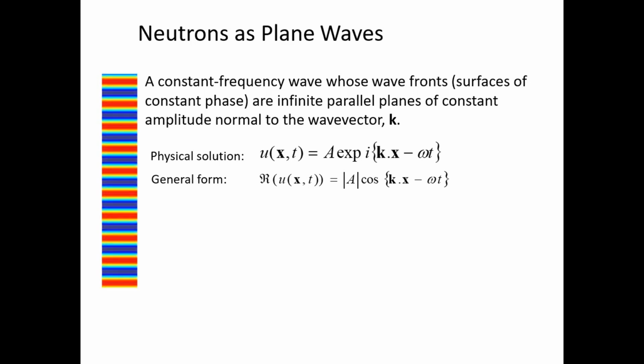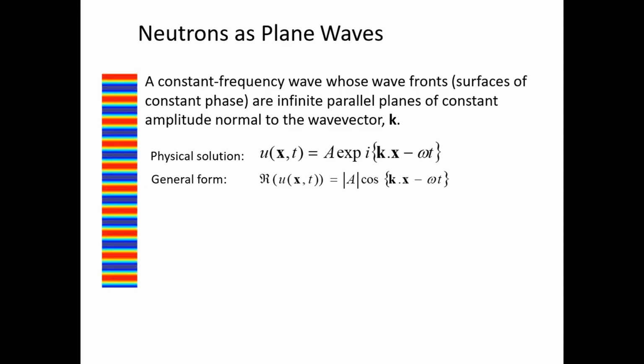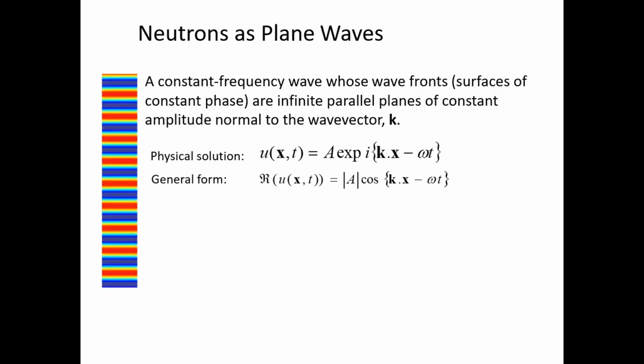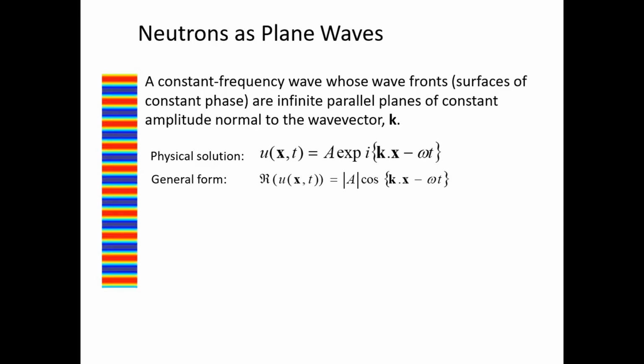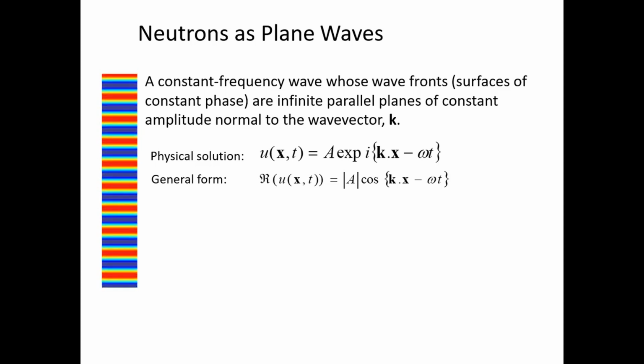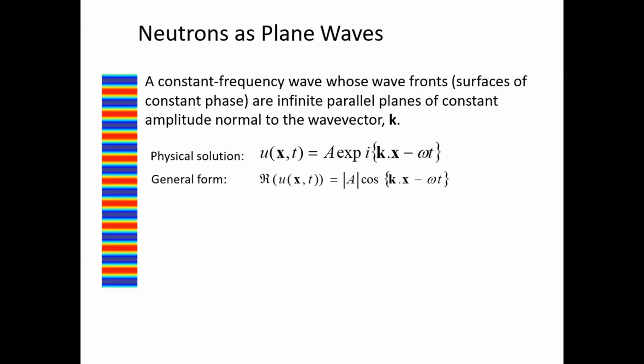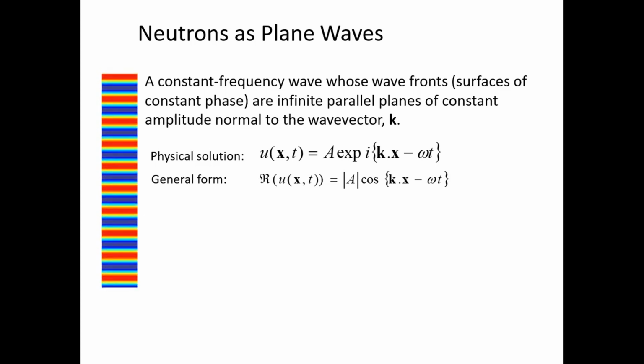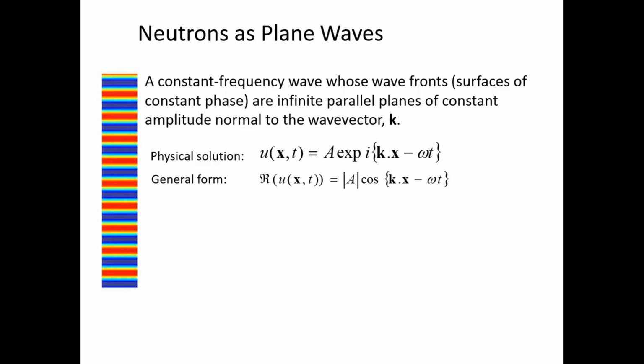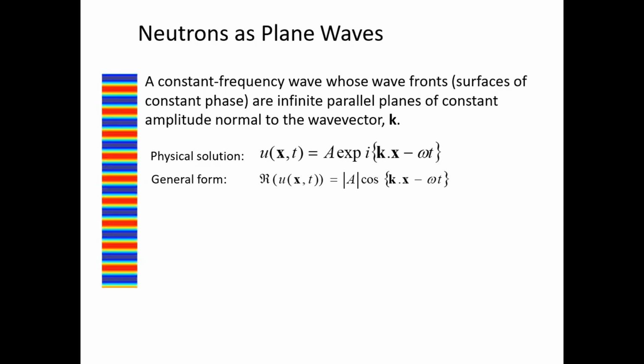The k is the wave vector, which is perpendicular to the wave front, which is shown here. And omega t, the omega is the angular frequency and the t is the time. And the general form for such plane waves is given by a constant multiplied by cos of k dot x minus omega t, and it is the physically realizable wave.